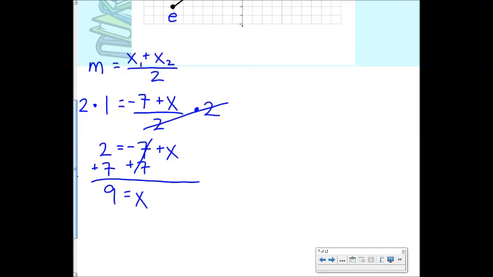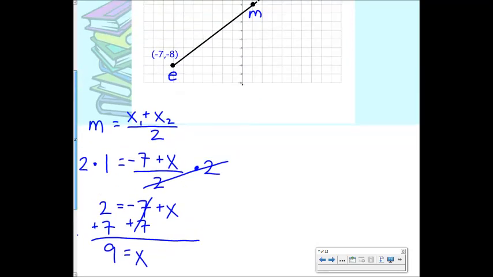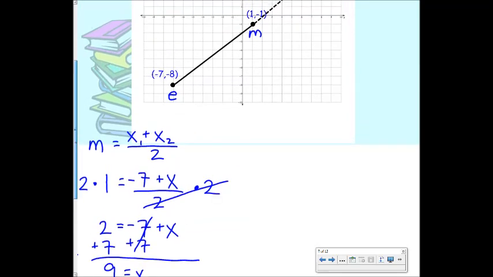Same thing, except instead of x's, it would be y's. So midpoint equals y1 plus y2 over 2. What's the y midpoint? -1 equals, what's my y1? -8. Do I know my y2? And then I do the same thing.